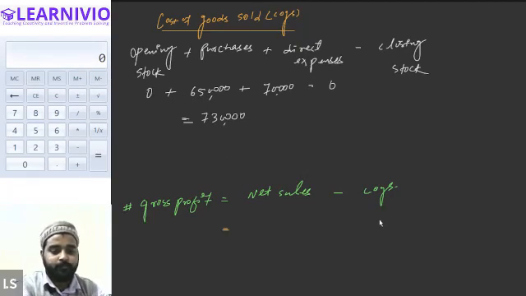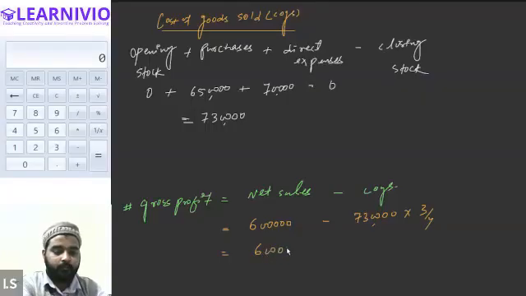So if the net sales is 6 lakh, this is the value of 3/4 of the goods sold in the market, then we will have to take 3/4 of the cost also. So 7,30,000 into 3 by 4. Getting this?